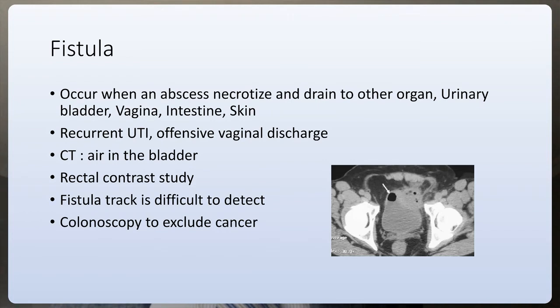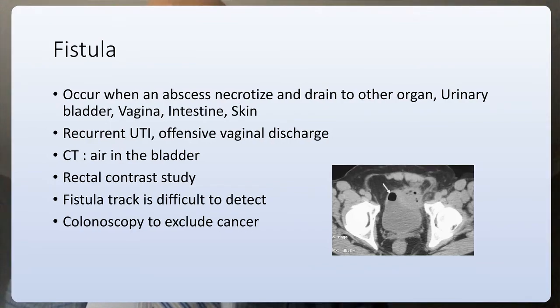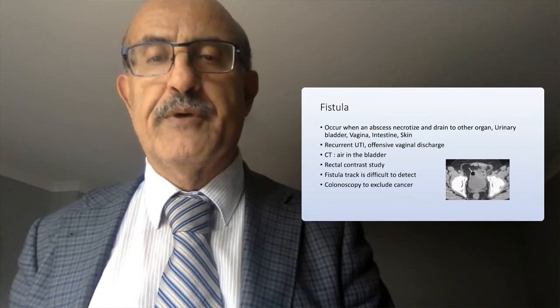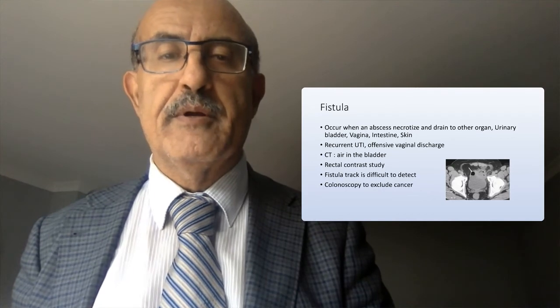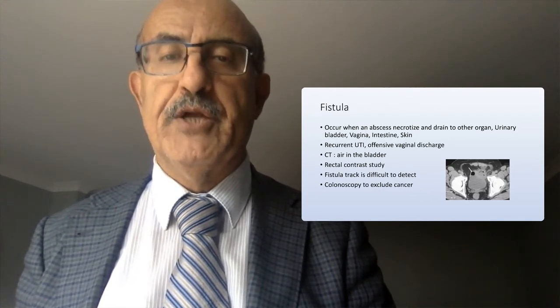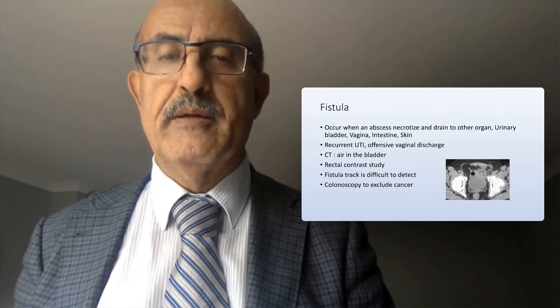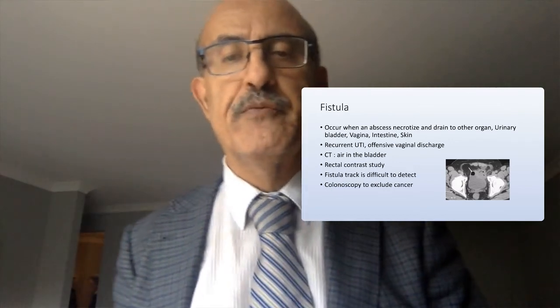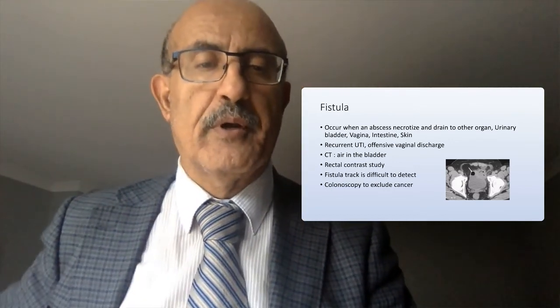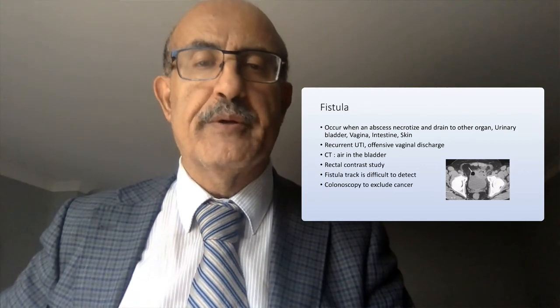Other than that, if the patient is suffering from the typical clinical features and the CT scan shows gas in the bladder, which is free gas, then they will often get taken to the operating theater for a sigmoid colectomy to eradicate the problem.